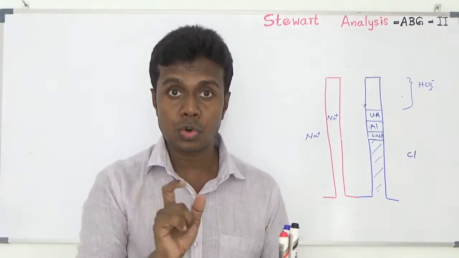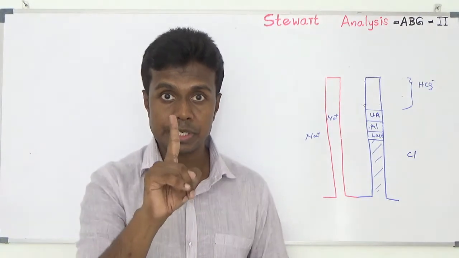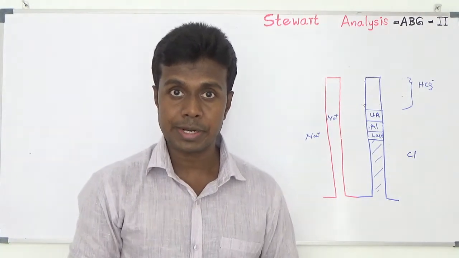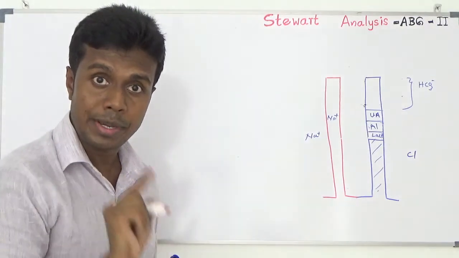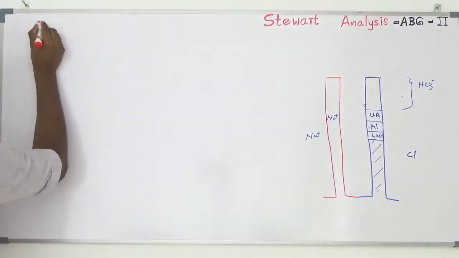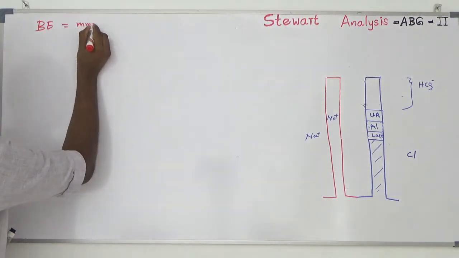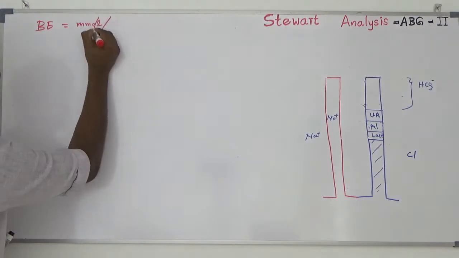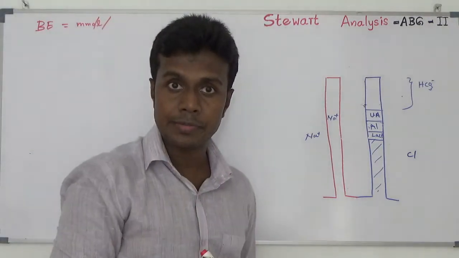Strong acid or strong base in millimoles per liter must be equivalent to milliequivalents per liter. That means your base excess or base deficit in millimoles per liter must be equivalent to milliequivalents per liter.